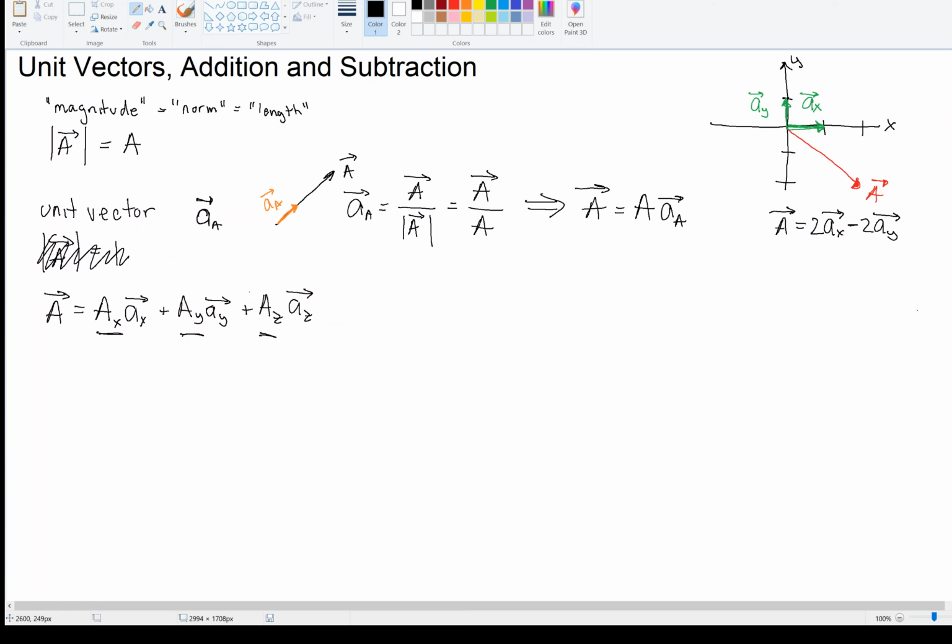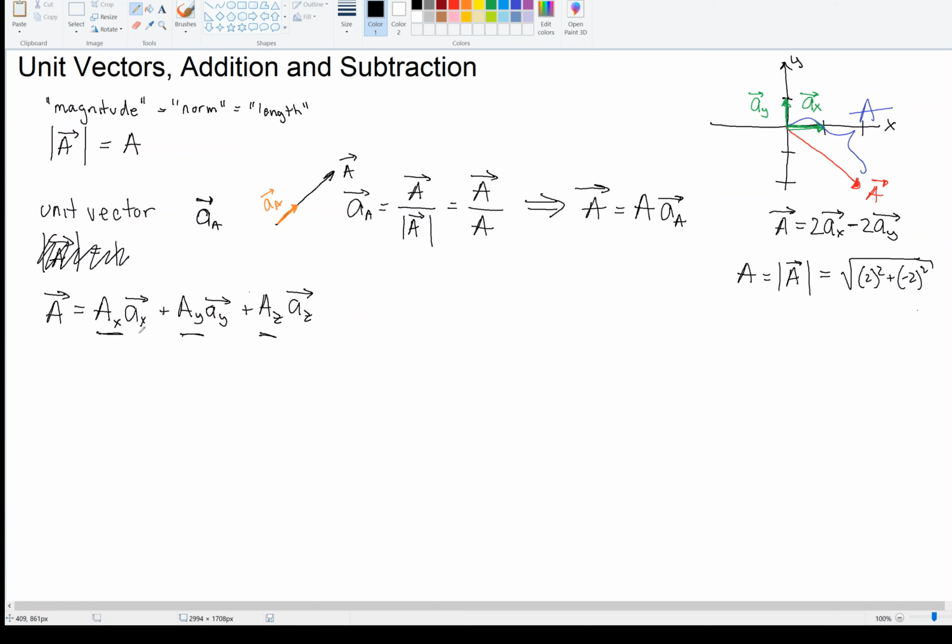Okay, now from the Pythagorean theorem, if we wanted A, which is the length of this thing, right? So just the length A, or with bars, those mean the same thing. From the Pythagorean theorem, we would take 2 squared plus minus 2 squared and then take the square root of that. So in general, now I want to get away from this example, which is only in 2 dimensions.